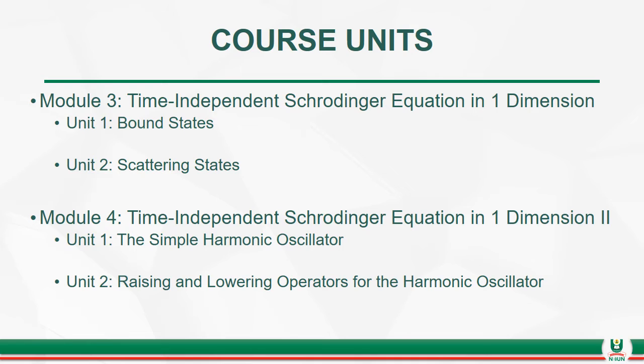In the first unit, we'll be looking at the simple harmonic oscillator, and in the second unit, we'll be looking at the raising and lowering operators for the harmonic oscillator. Of course, we'll take our tutor-marked assessment to round up module 4, and we'll discuss concepts and problem solving skills.